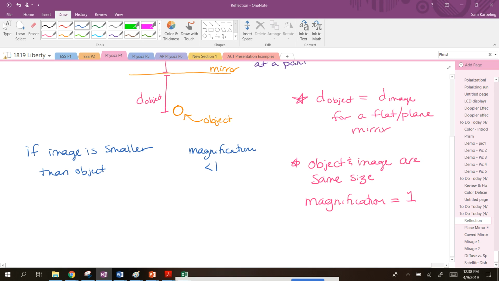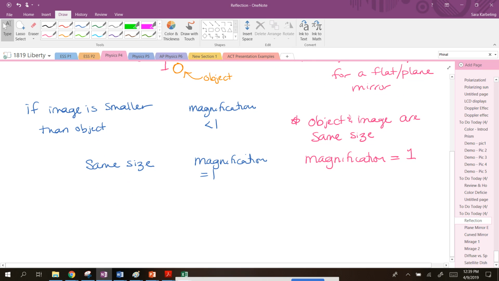Those are the mirrors I don't like because I'm not very tall, and so I don't want one that's going to make me look even smaller. No, thank you. If the image is the same size, then the magnification equals 1.